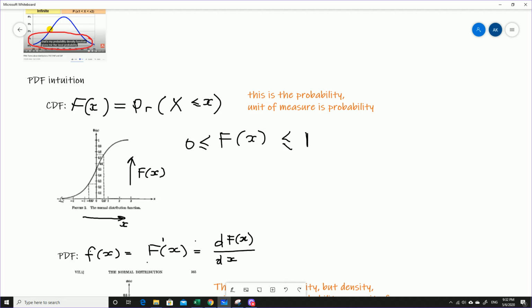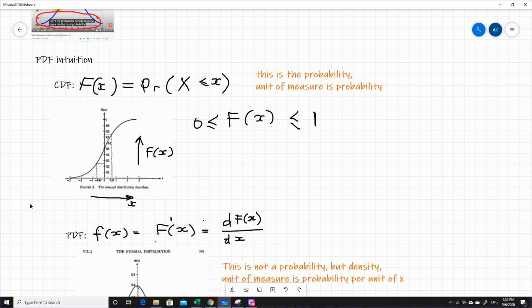For negative infinity, it's very unlikely that any number will be less than it, so you have a probability of 0. Conversely, if the argument of the CDF function is positive infinity, then all the numbers are going to be less than that infinity, so you get 1. So it goes from 0 to 1, never goes down. It's always going up, so it's a non-decreasing function. That is your CDF. Now, what is PDF?